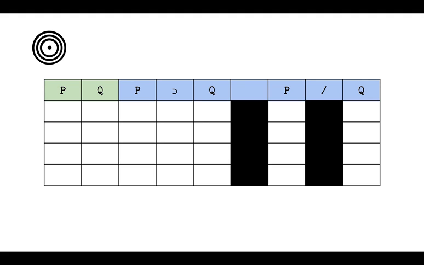Then a blocked out column, that's just a space to separate premises. Then P is a second premise. We're using the / as a conclusion indicator, and Q on the far right is the conclusion. So again, that's premise one, that's premise two, and that's the conclusion.